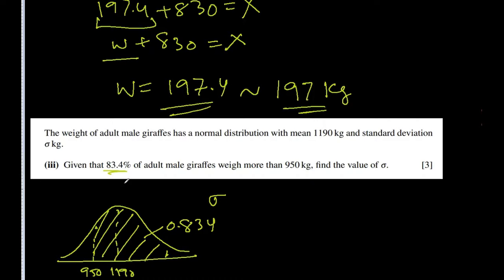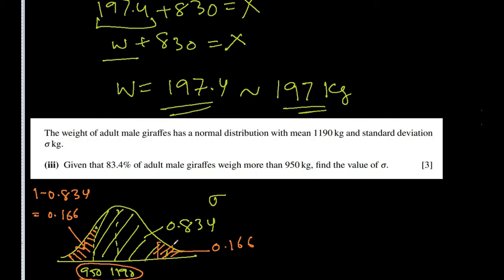And this is 0.834. 83.4% can be written like this. Okay. That means this probability will be 1 minus 0.834, which is 0.166. This one. Right? Since we are sure that there will be a negative Z score because 950 is less than 1190, let's reflect this area here, which will be 0.166.